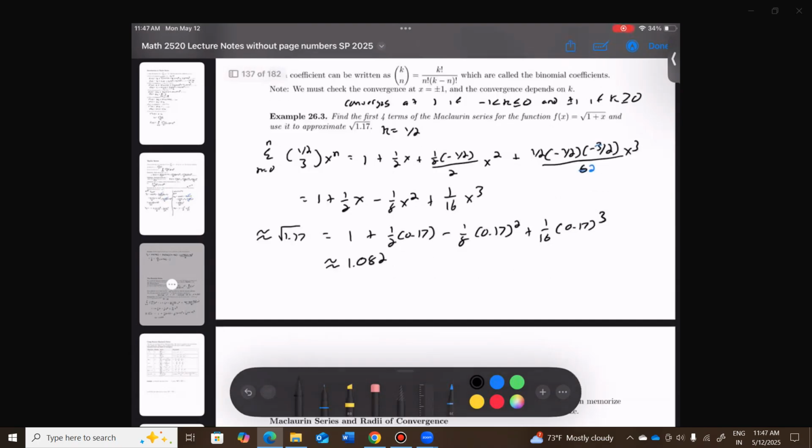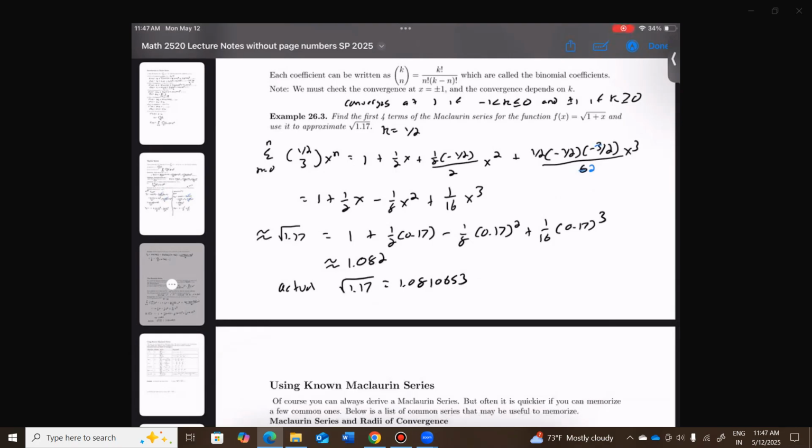The actual square root of 1.17 equals 1.081063. So it's really close. It's not correct at the fourth term, but it's very close.